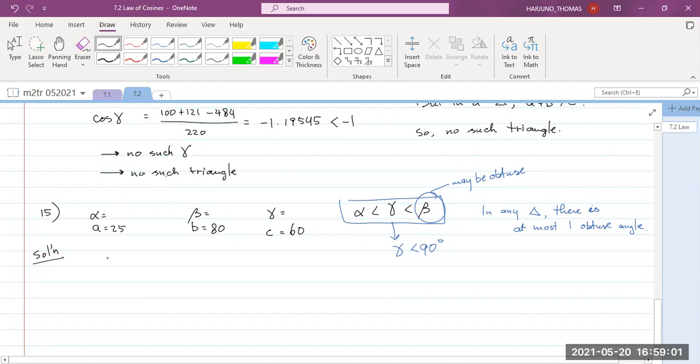I will find angle gamma first, which means c squared equals a squared plus b squared minus 2ab cosine gamma. So 60 squared equals 25 squared plus 80 squared minus 2 times 25 times 80 cosine gamma.